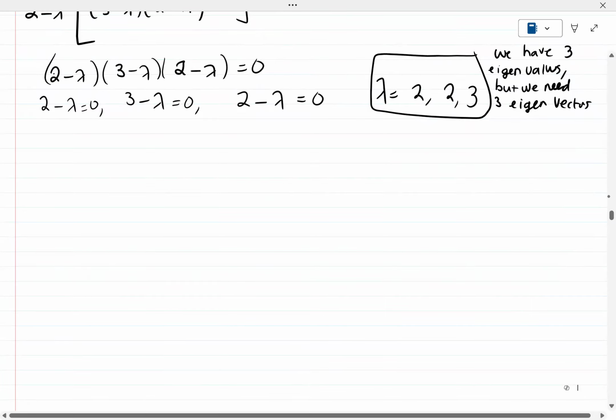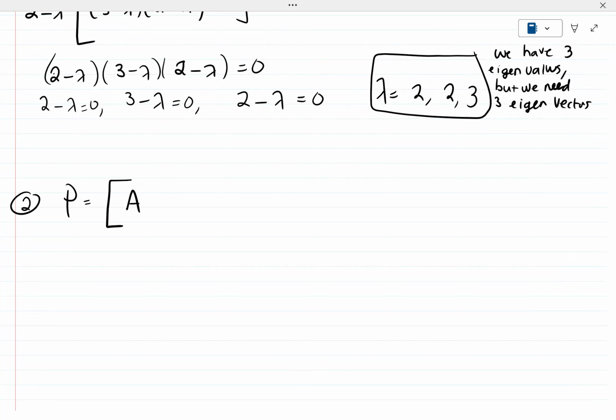Okay, step two. Now we're going to solve for P, so it's going to be A minus lambda I augmented with 0. So let's do it when our lambda is 2.